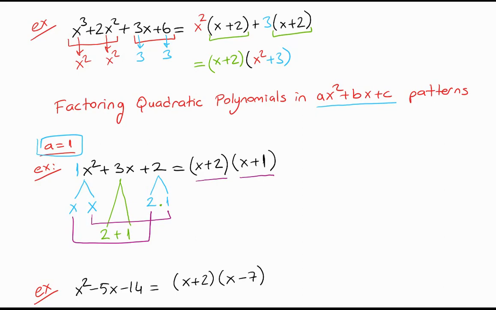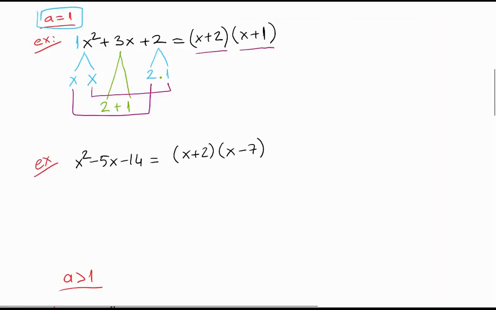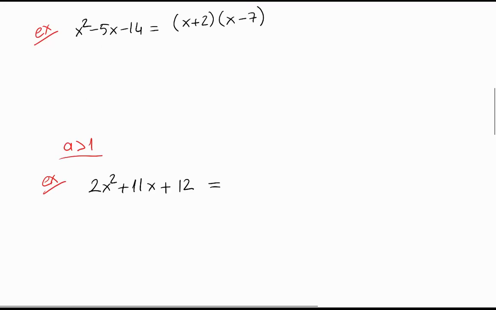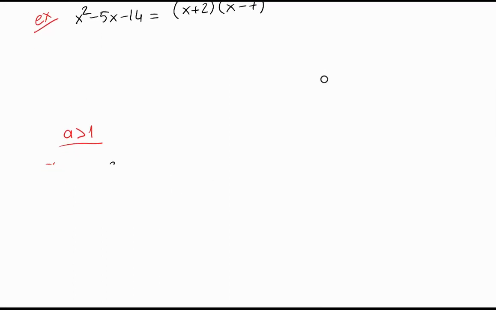Okay, let's do another example. In this example, I can factor out 14. 14 has factors 2 and -7. Since we have 1 in x squared, we will factor out x squared as x and x.